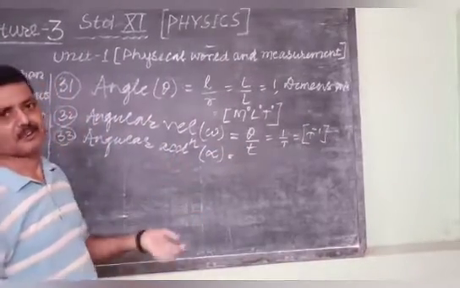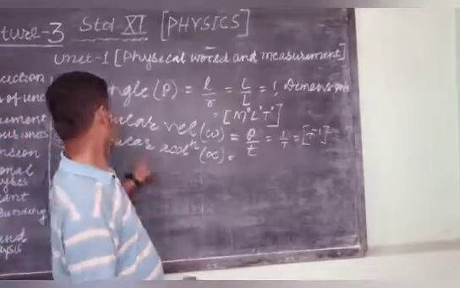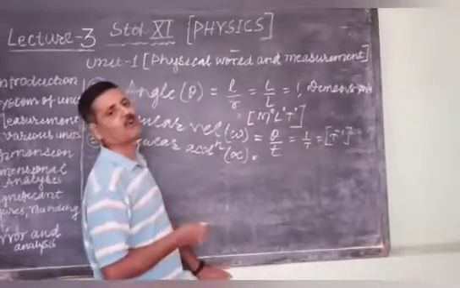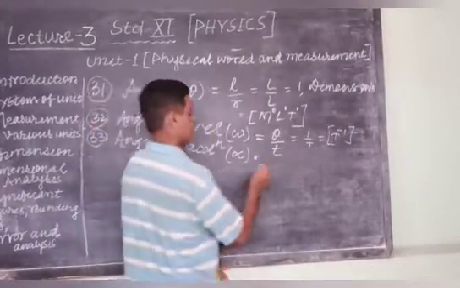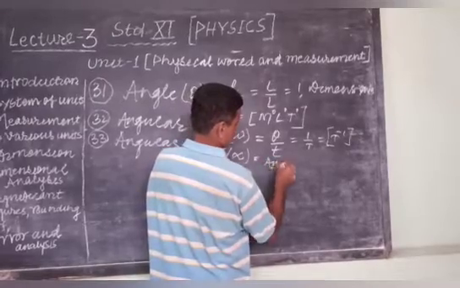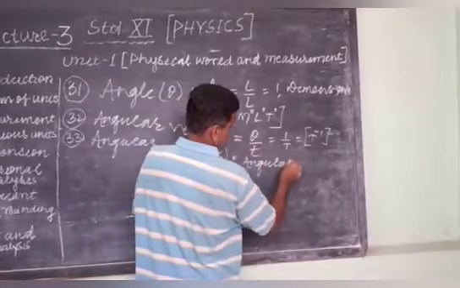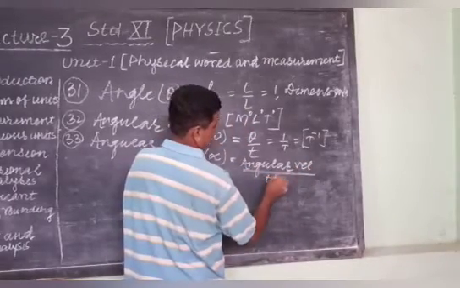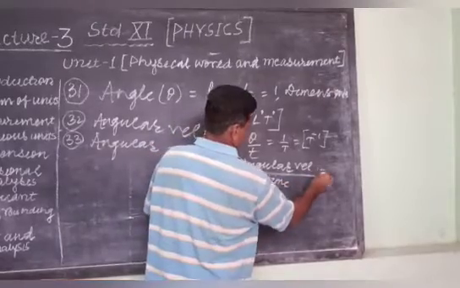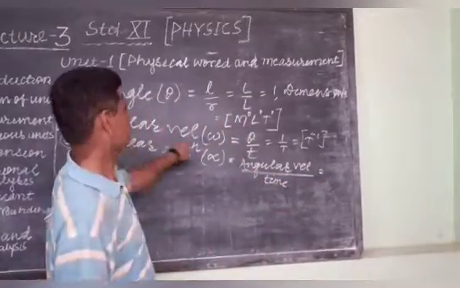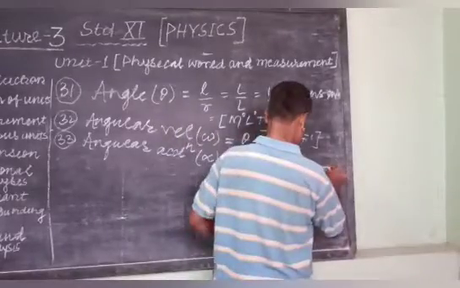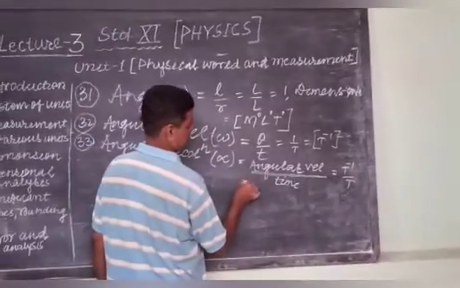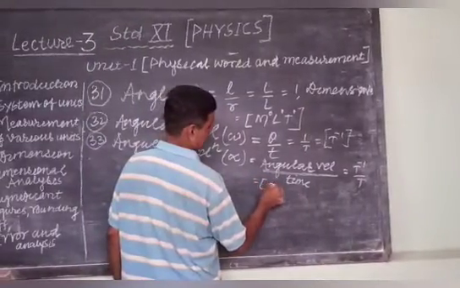We are familiar that acceleration means rate of change of velocity, but the term is angular acceleration, so we will write it as rate of change of angular velocity, which means angular velocity by time. This angular velocity is t to the power -1, divided by t, so it will be t to the power -2.